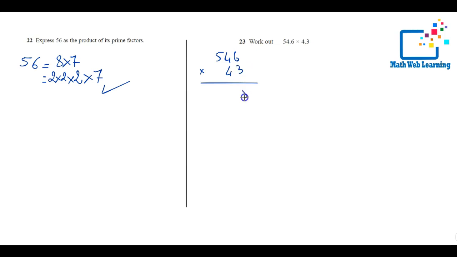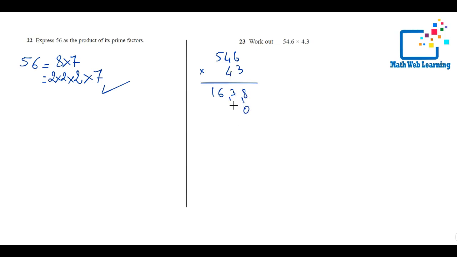3 times 6 is 18. Carry the 1. 3 times 4 is 12, and the 1, 13. Carry the 1. 3 times 5 is 15, and 1 is 16. We'll start a new line for this digit, but because it is a place value of 10, we're not going to start with this place value, we're going to start with the tens. So this one stays empty or 0.